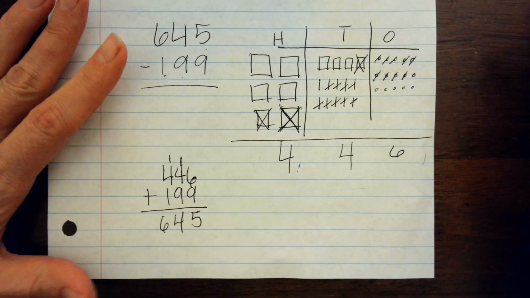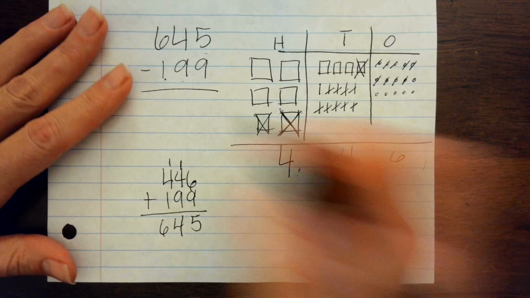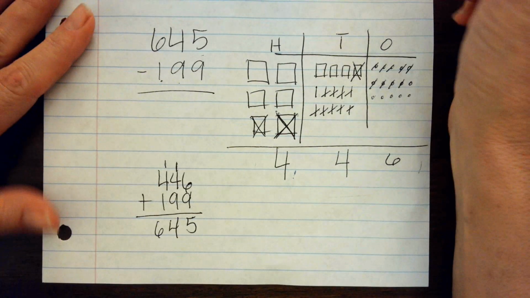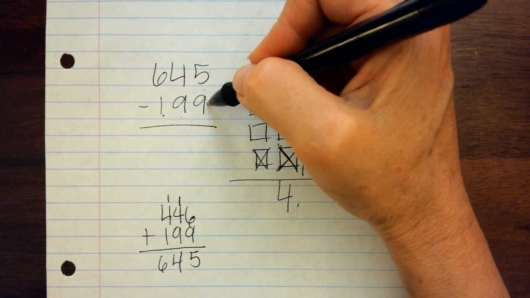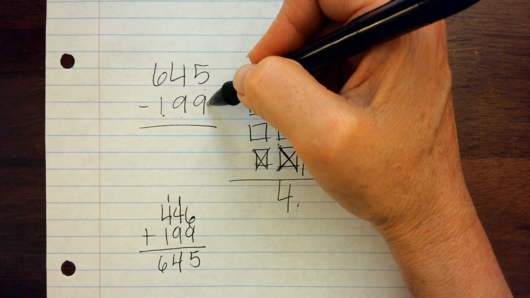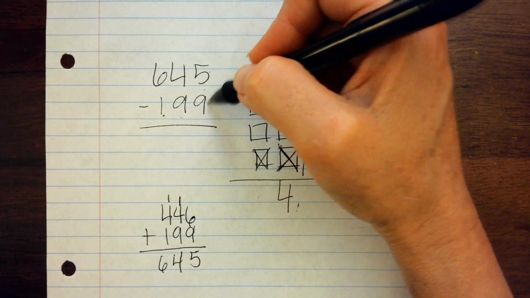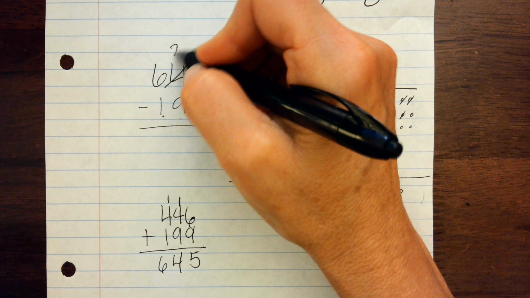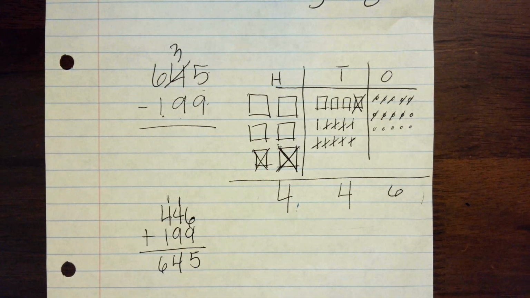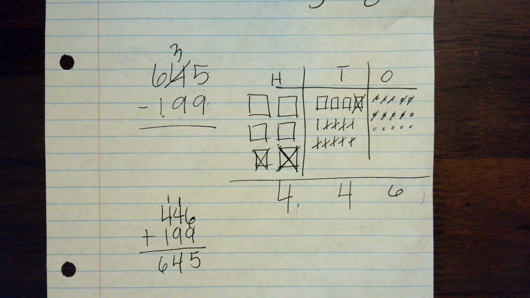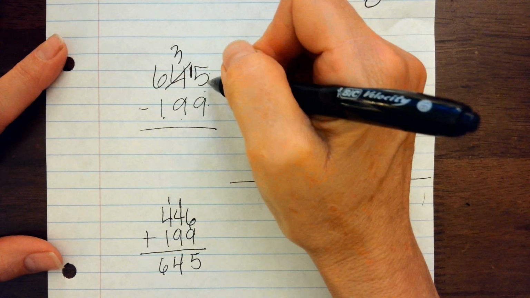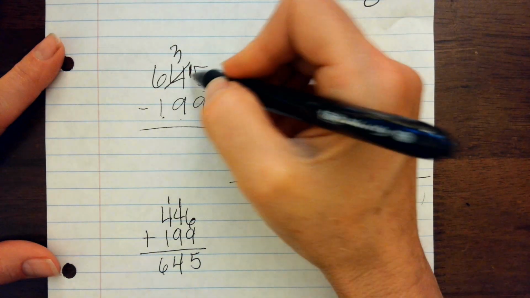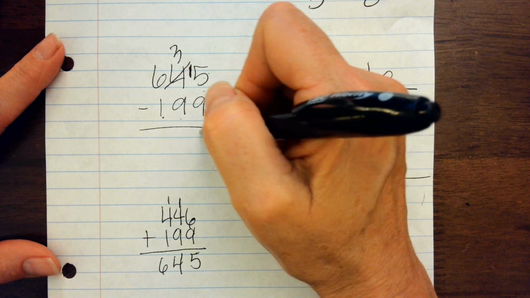So this is the way that you learned, and then this is the algorithm, right? So for algorithm, you say, if I have 5 cookies, can I give my friend 9? No, you don't have enough cookies. So you have to borrow a group of 10 here. And then since we borrowed a group of 10, this is now a 15. 15 minus 9 is 6.